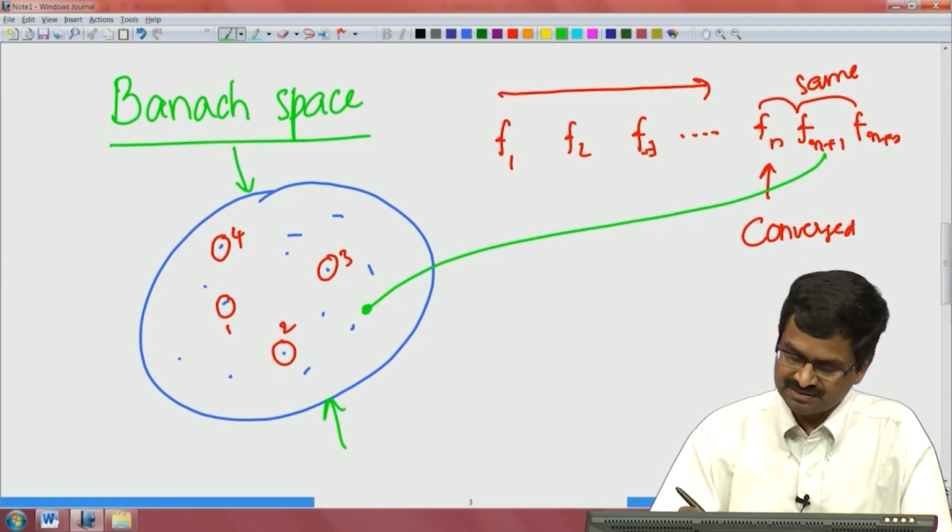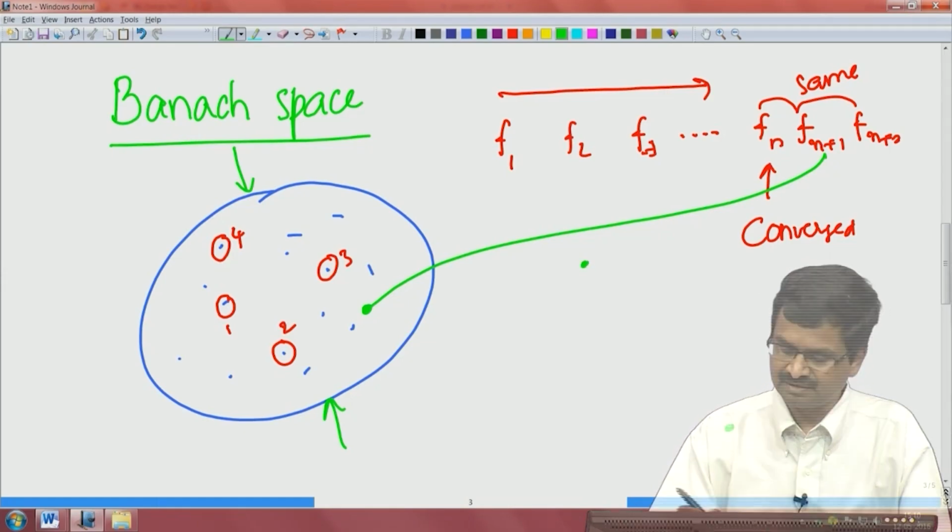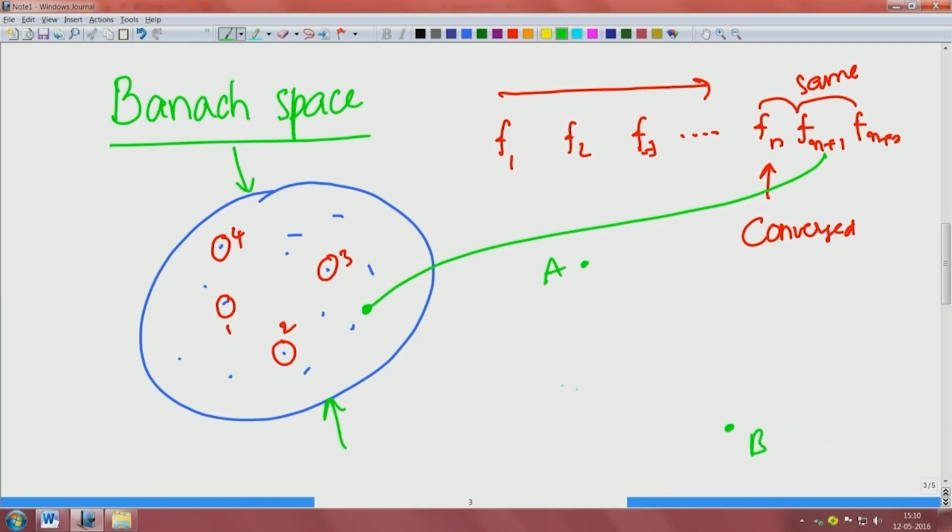It is important for us in calculus of variations, because if I have the Brachistochrone problem, point A to B, I want to find, in the presence of gravity, a function that minimizes the time, which is a cycloid. But before that, let us say I randomly take another function.